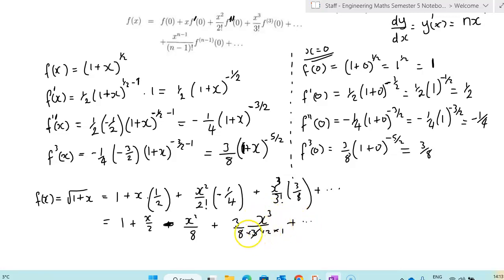Now we can cancel the 3 with the 3 here, and 2 times 1 is 2, and 2 eighths are 16. So we will finally get our final answer, 1 plus x over 2 minus x squared over 8 plus x cubed over 16 plus dot, dot, dot.